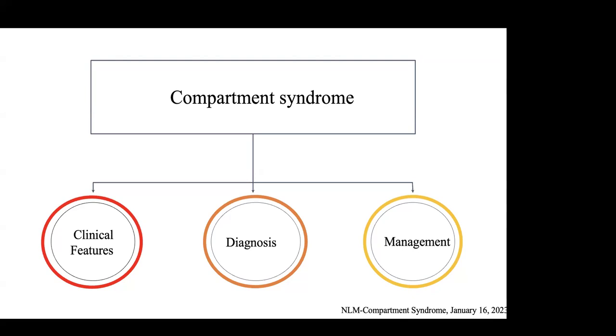The final common pathway will be cellular anoxia because of local ischemia.